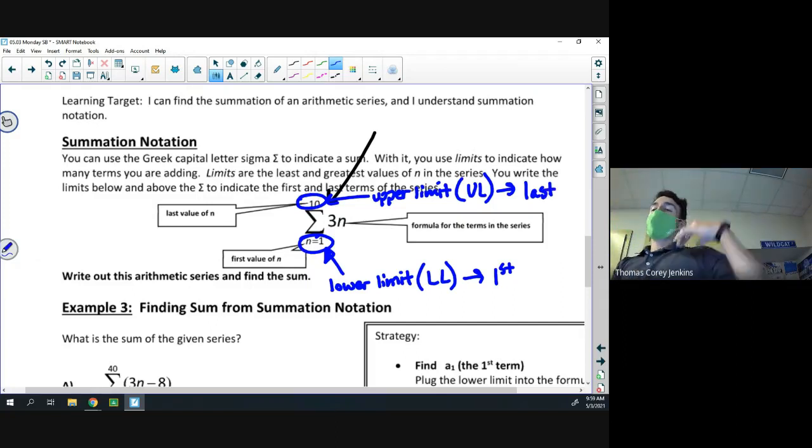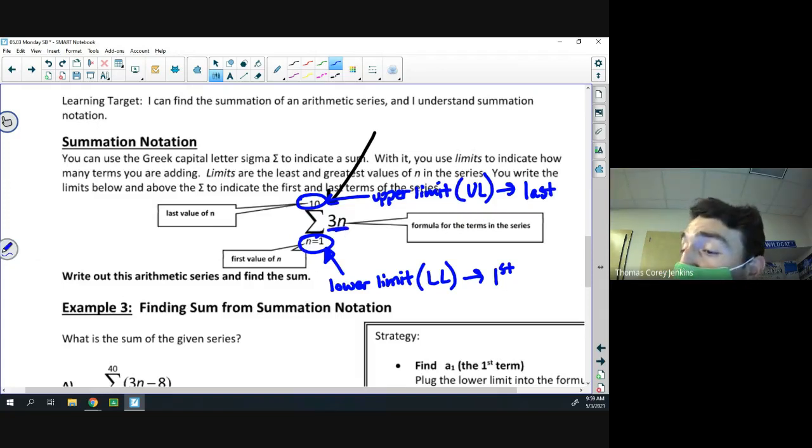This would tell me what this literally means. I don't know if you want to write this down or not, but this literally means we're finding the sum of the first term to the 10th term, and this is the rule of the series.